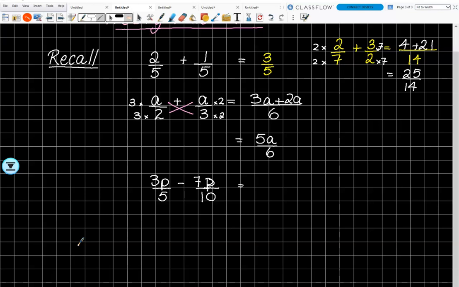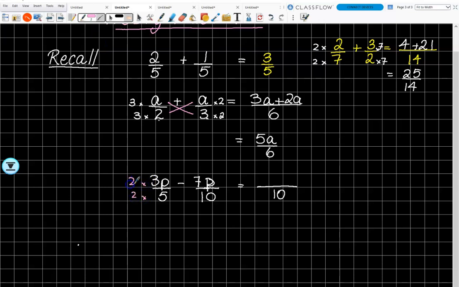So when we're saying I want the smallest number that both of these go into, 6 was the smallest number that 2 and 3 go into, what's the smallest number that 5 and 10 both go into? Not 5. They both go into 10. So you want the smallest number possible. So what did we times 5 by to get to 10? 2.